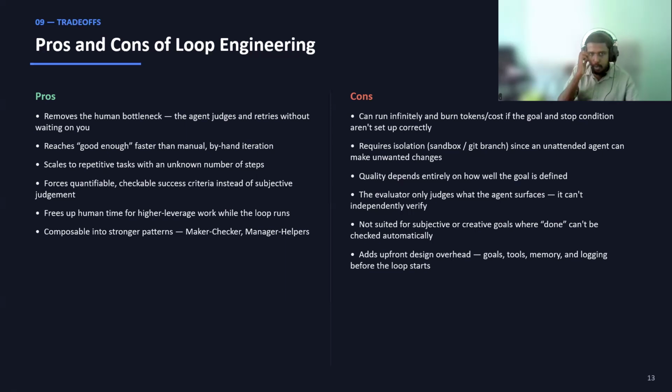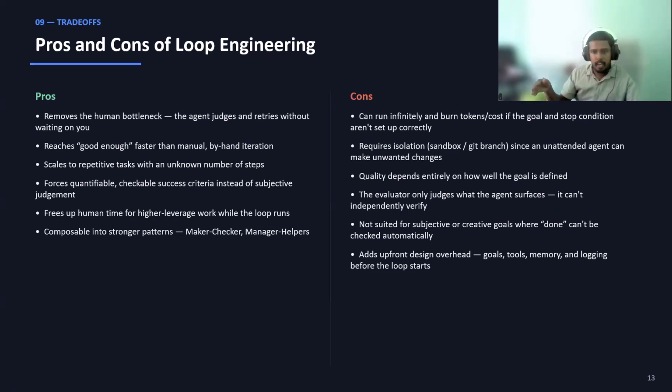And when it comes to cons, as the first slide mentioned, it has its own bottleneck, which means how the agent decides whether the stop condition, the success criteria, has been met.